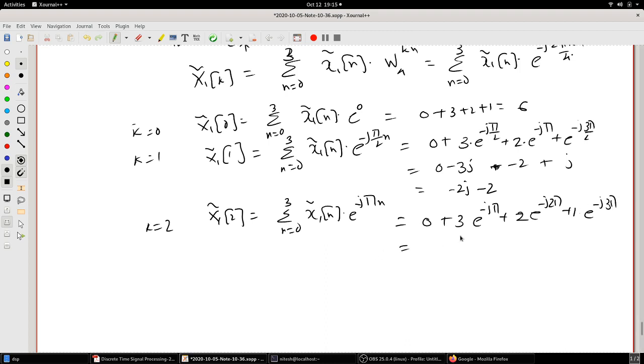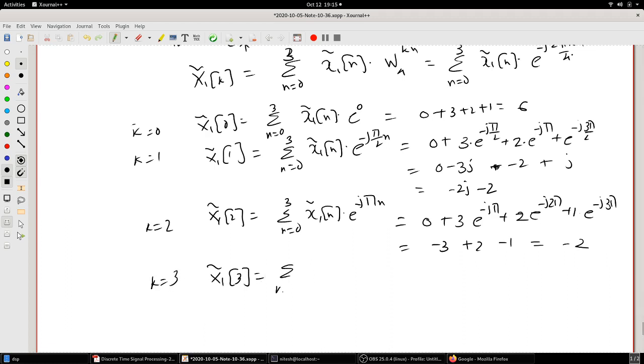So that is equal to minus 3 plus 2 minus 1, so that is equal to minus 2. Okay, so x1 tilde of 3 is where k equal to 3.